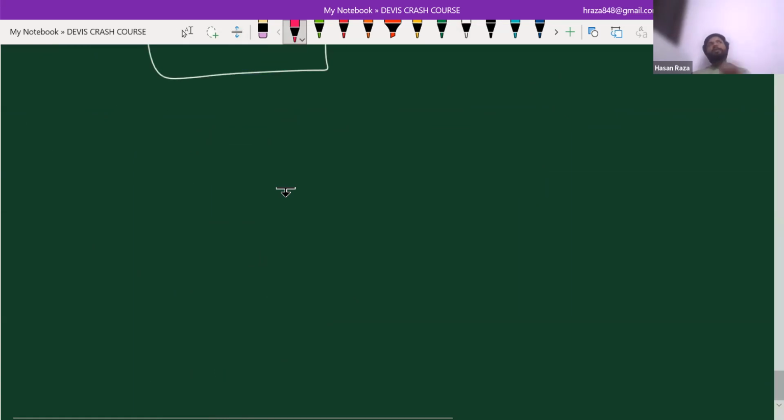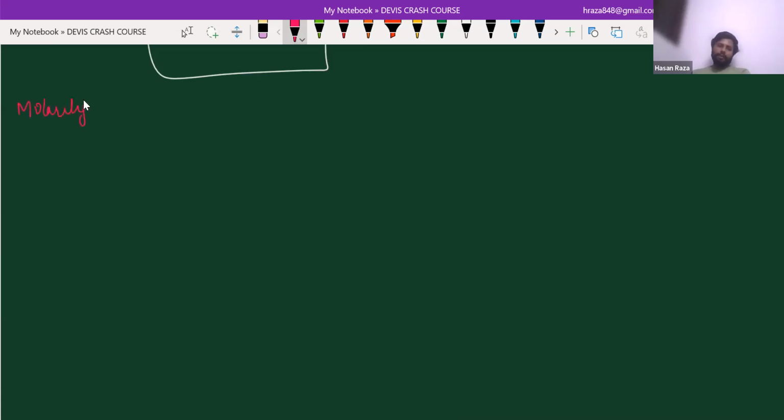So this was basically molarity on dilution. Now we are going to see the molarity of a mixture. It's very easy to understand. In the previous example we added only the solvent.